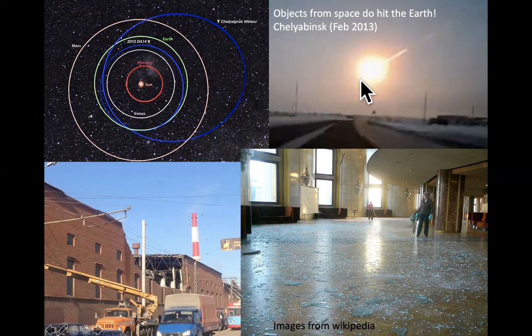It was something that came down, exploded, produced a big explosion in the air that damaged buildings, broke windows, hurt a few people, and then landed on the ground. This gives a sense that there is some risk associated with these sorts of events, that some of these small objects can, in fact, impact Earth.